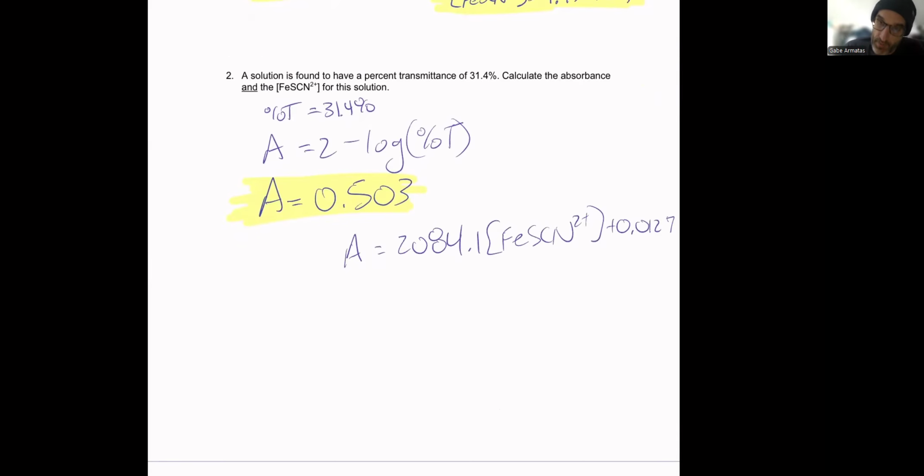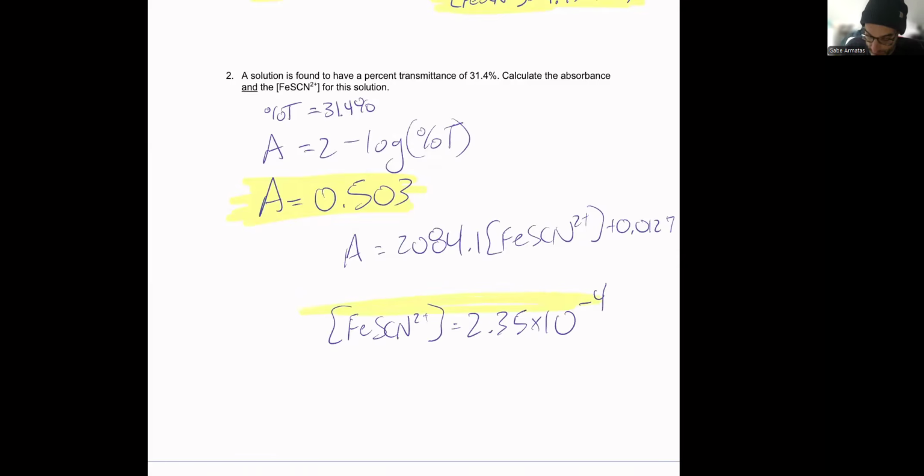Now I do the math. 0.503 minus the 0.0127, divided by 2084.1. Boom. I end up with a concentration of FeSCN2+ equal to 2.35 times 10 to the minus 4.